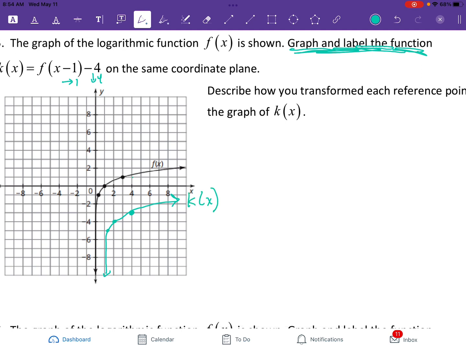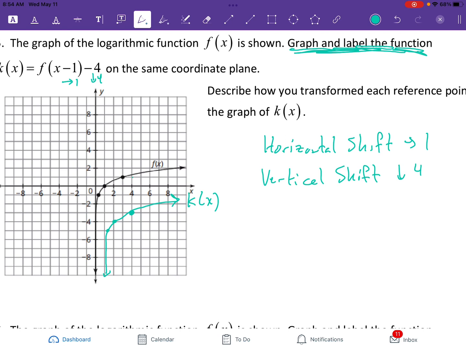So describe how we transformed each function. We'll do it in order. We did a horizontal shift to the right by 1. We did a vertical shift down by 4.